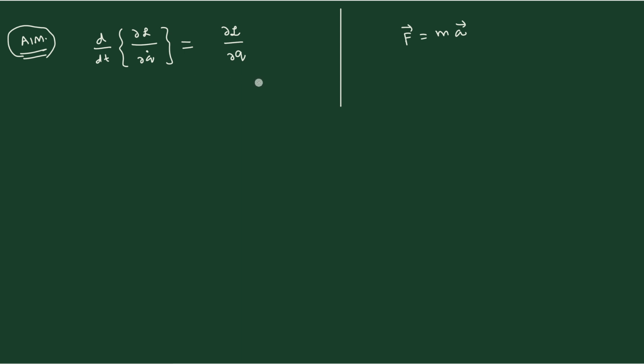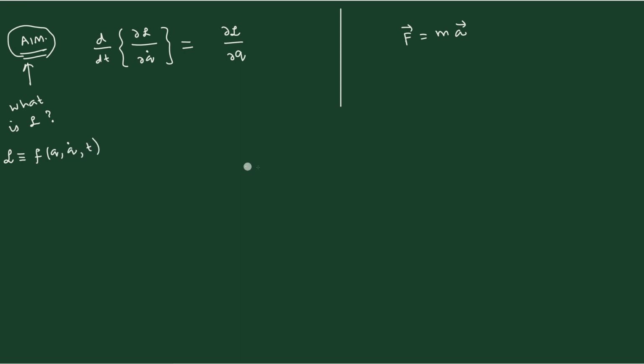Now, how can we do the calculation? We cannot perform any calculation using this Lagrangian formalism if you do not know the Lagrangian function. So there is a big question here: what is L? We don't have an answer, but we have a general answer. The general answer is that Lagrangian is a function of Q, Q dot and T. That is the only thing we have.